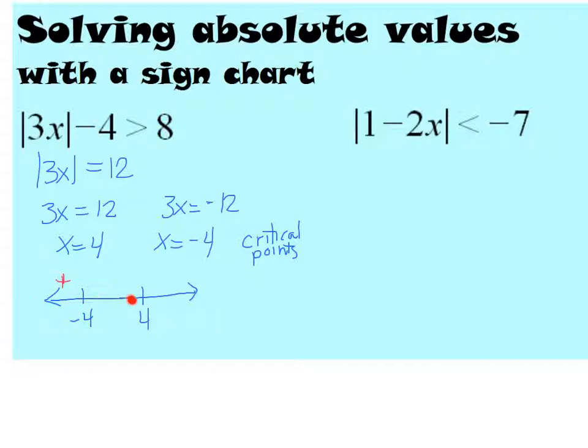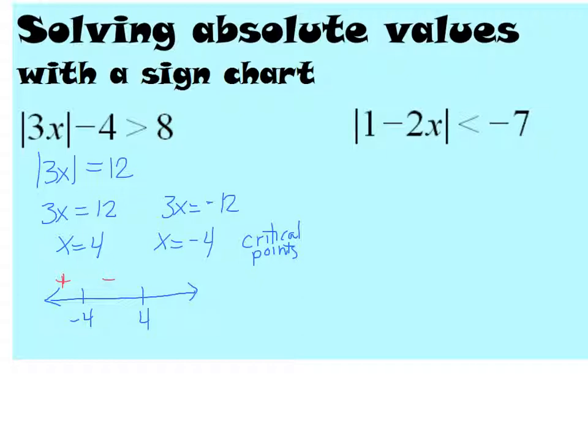Let's try a value in between these two critical numbers. Pick what's easy. I'm going with 0. So if we plug in 0, absolute value of 0 is still 0. Minus 4 is negative 4. And that is not going to be bigger than 8. So that doesn't work.